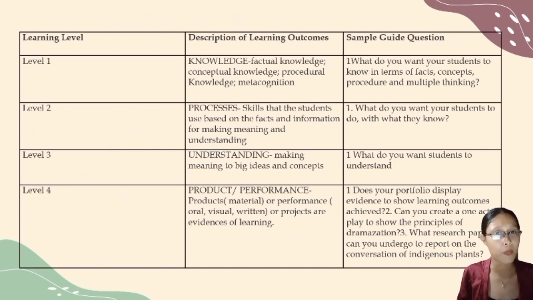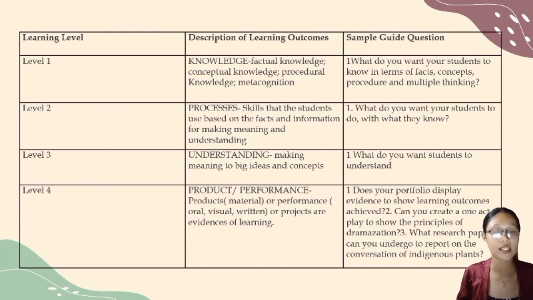We have sample guide questions when we face knowledge questions. What do you want your students to know in terms of facts, concepts, procedure, and metacognition? The second level is the process.